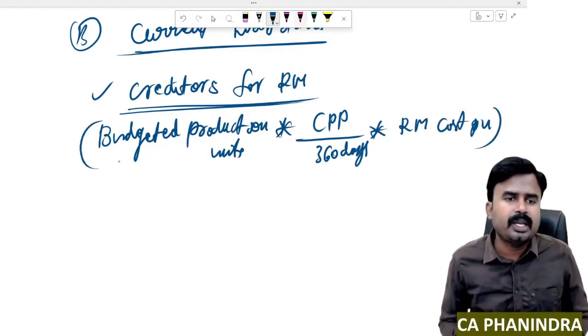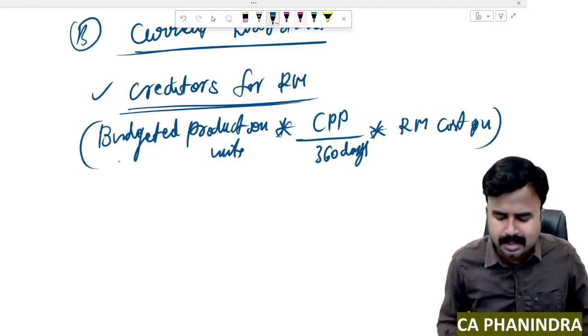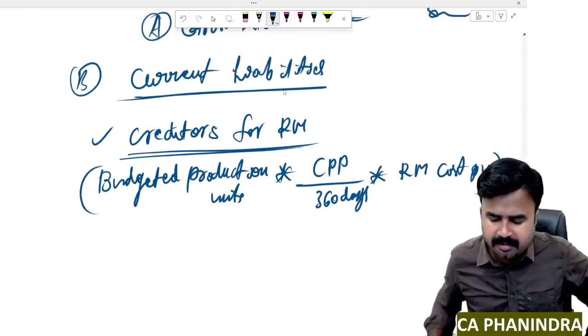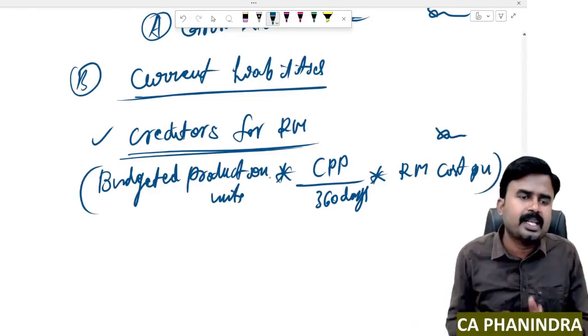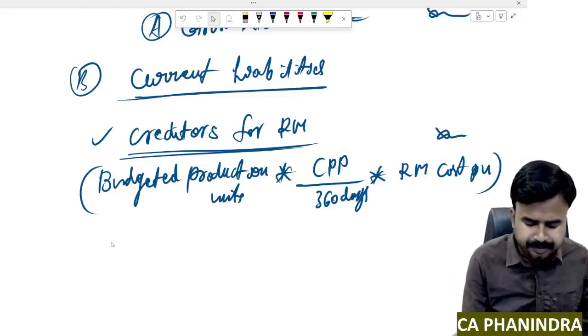Because for raw material cost only, we are going to have creditors. So this is your first financing component, creditors for raw material. It's a short-term finance to maintain my current assets.